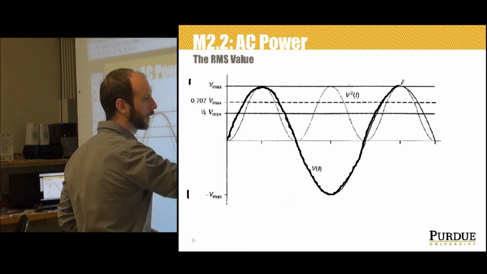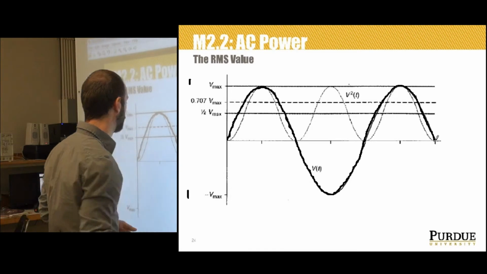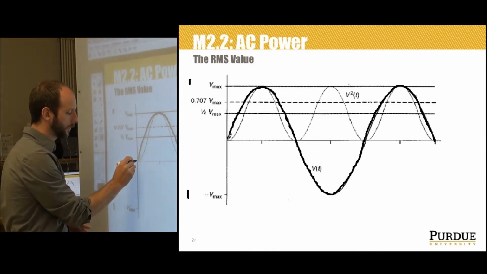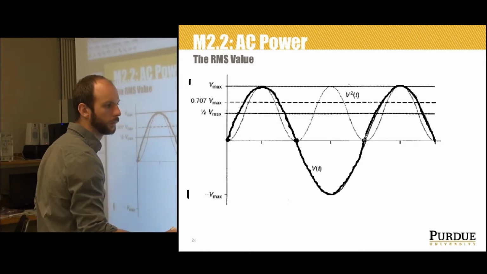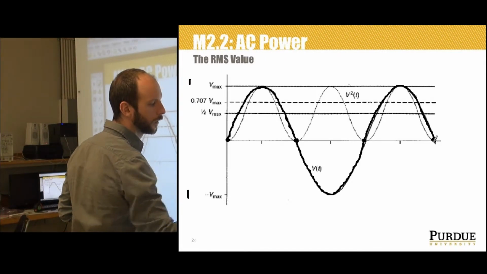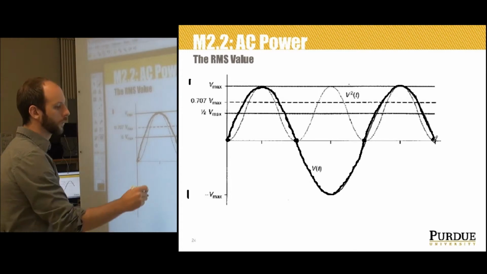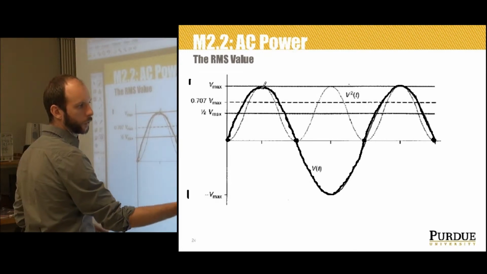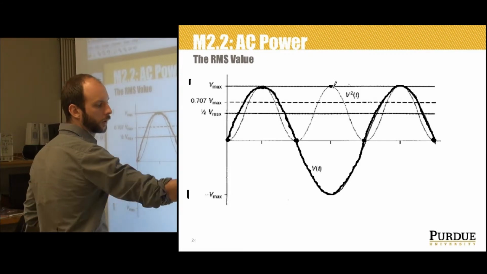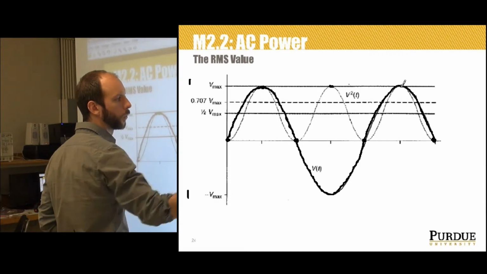So what does squaring that result in? Well, at 0, 0 squared is just 0. 1 squared is 1. Negative 1 squared is 1. Again, 1 squared is just 1 right there.